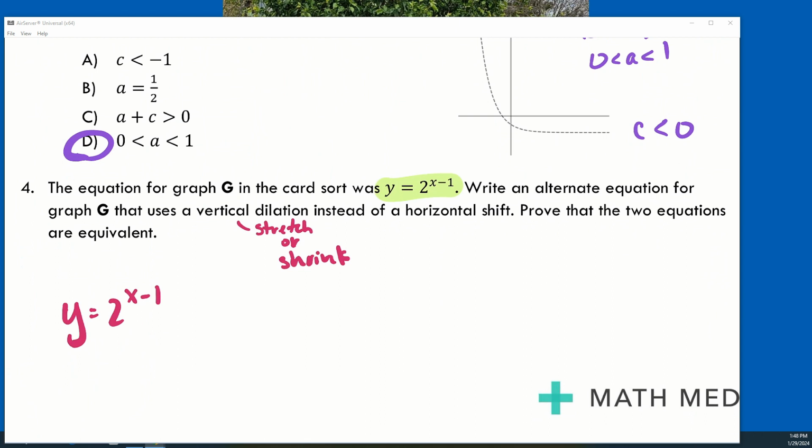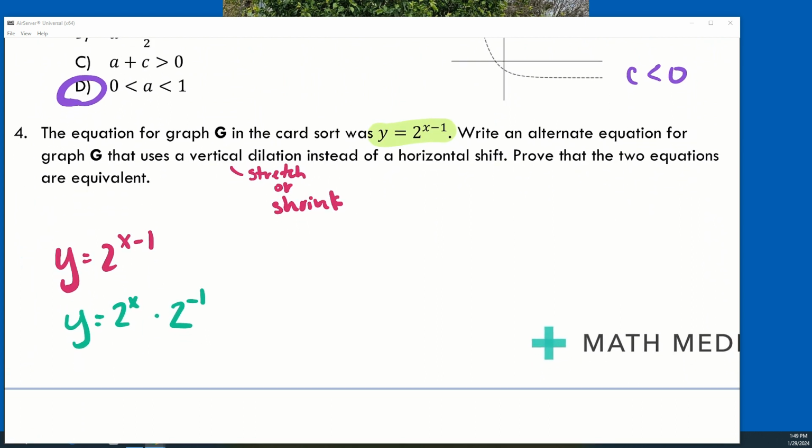So what happened to do that is working backwards. We started off with 2 bases of 2, where when we added the exponents, I ended up with x minus 1. So what do my 2 exponents need to be? X and negative 1. Very good.